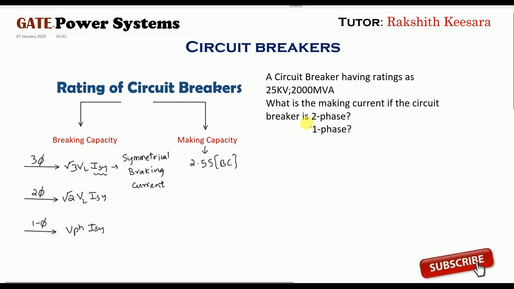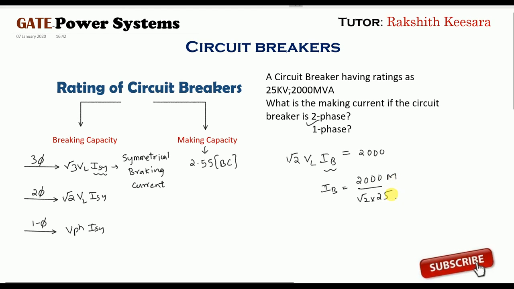So first, for 2-phase, what is the breaking capacity of the circuit breaker? Root 2 VL into I breaking current, that is equal to 2000 MVA. Now what will be our breaking current? That is 2000 by root 2 into VL, where VL is 25 kilovolt.